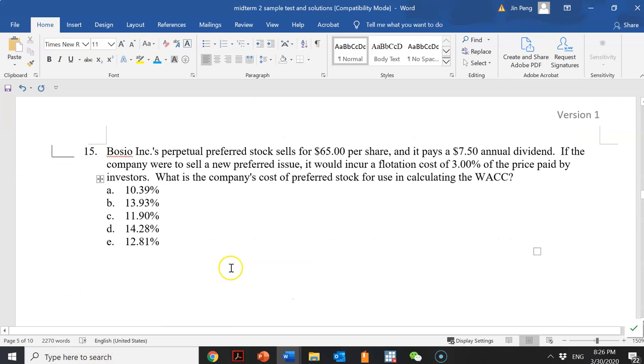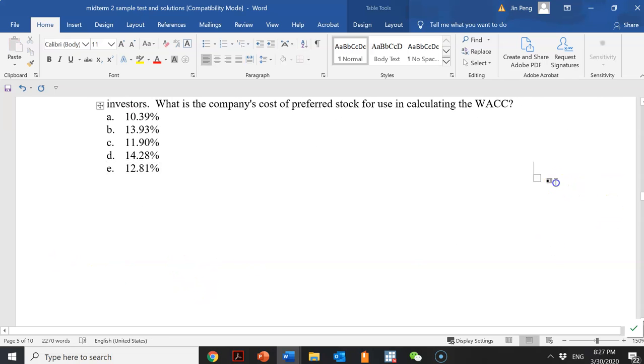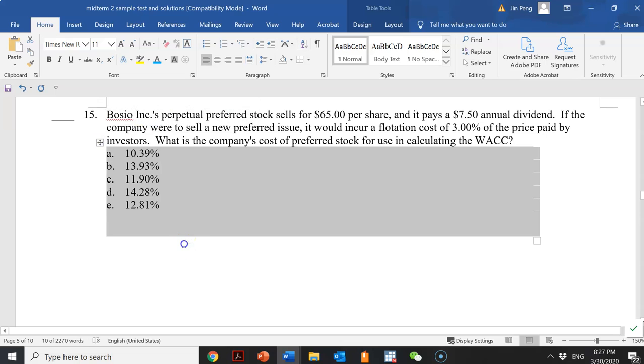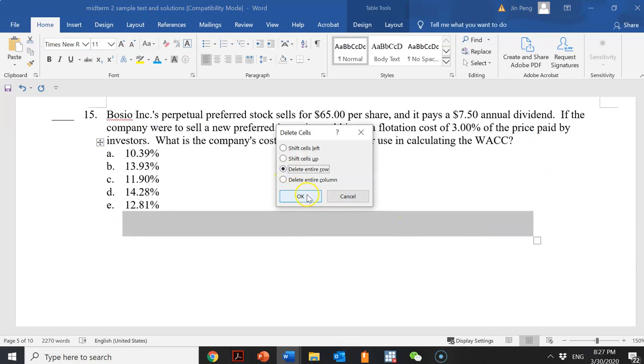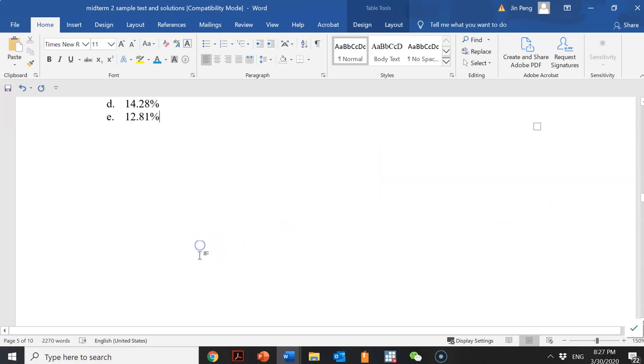Okay, let's finally look at question 15, the last question here. Let me try not to put anything in the table and do something outside of the table.